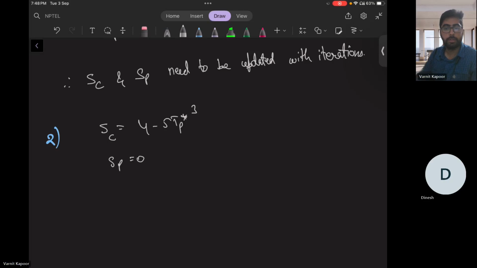You have a source SC plus SP TP, where SP is 0 and SC is 4 minus 5 TP star cube. So we dump all the source term into a constant value. When you dump the source into a constant, it will converge, but very slowly, because we are not using the correct value of this source.